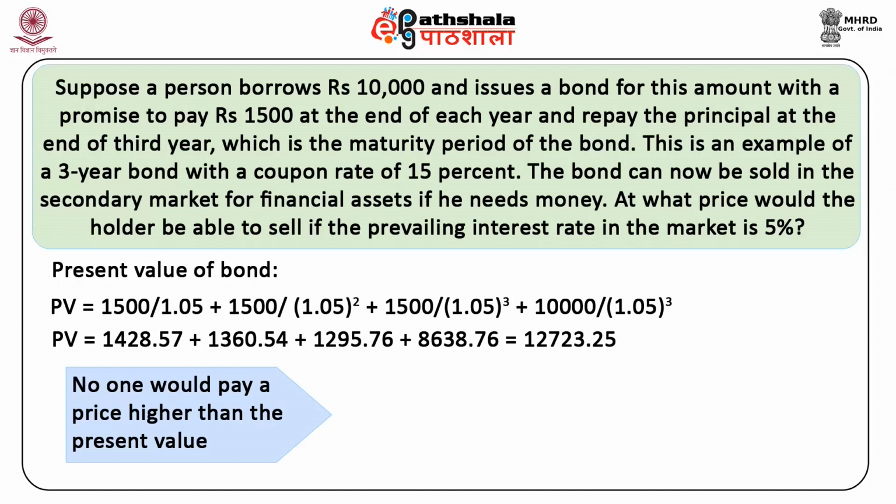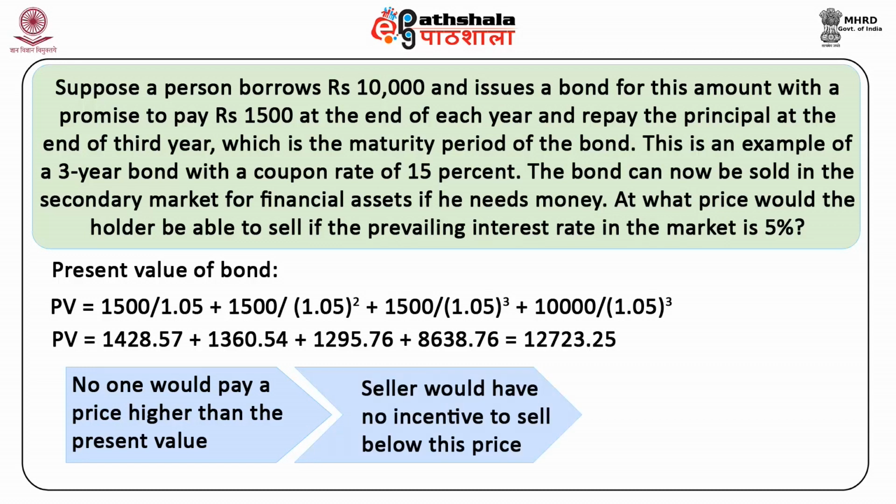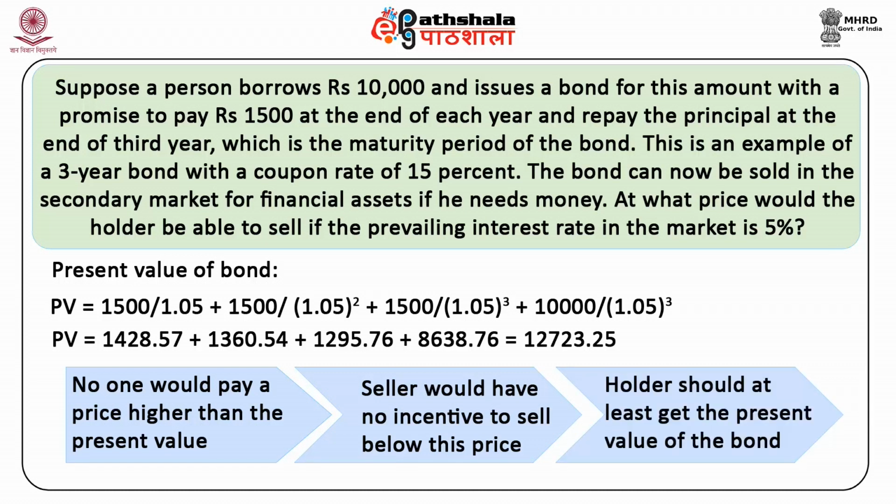No one would pay a price higher than the present value, and the seller would have no incentive to sell below this price. Thus, the holder should at least get the present value of the bond.